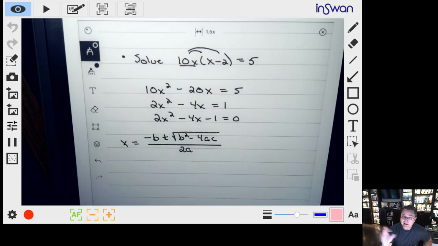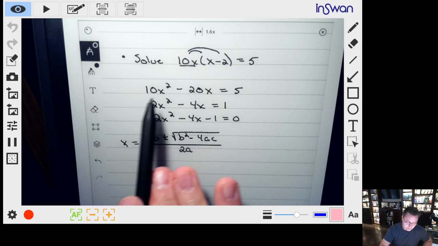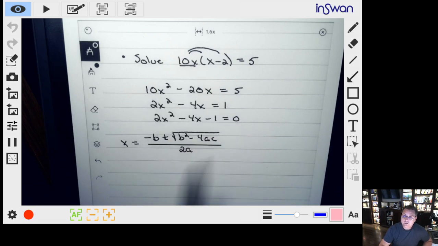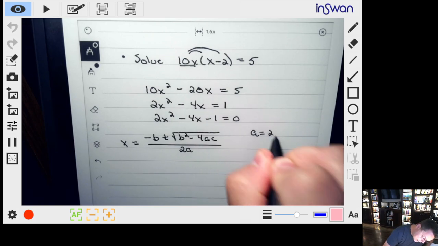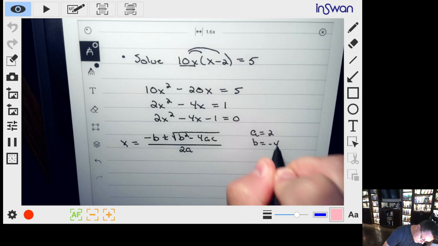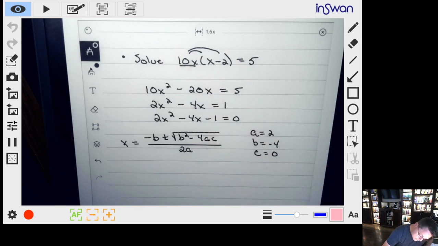Once you have everything moved to one side, then we can locate a, b, and c. Don't try to find a, b, and c earlier. If you do it when it's not equal to 0, you're going to end up with some problems. So get it equal to 0 first. In our case, a is 2, b is negative 4, and c is negative 1.